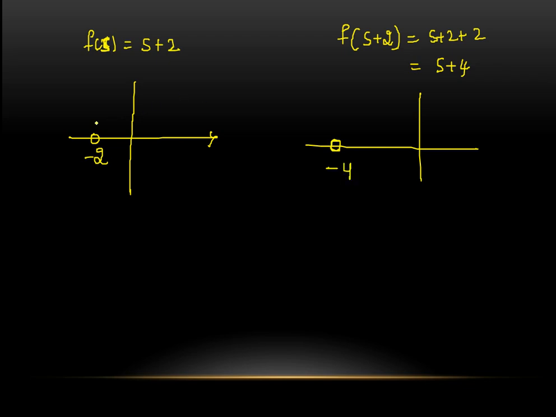So here I am mapping the function f of s, s plus 2, with f of s plus 2. In this video I will mainly discuss how to map different functions. In order to go for the mapping, I am taking some example.